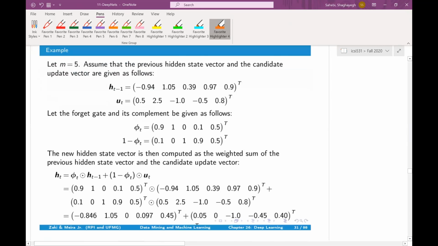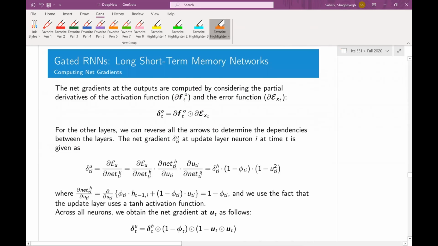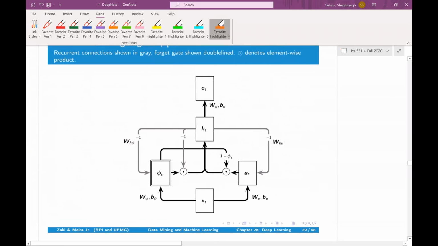So what we have is the input xt and the candidate ut and the forget gate vt and the hidden state and the output. Okay, so what are these relations?